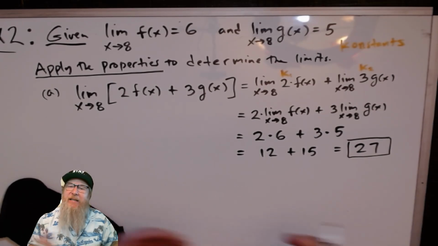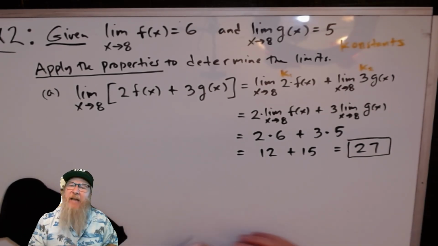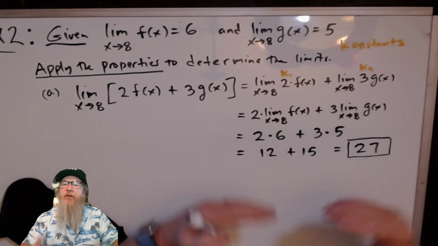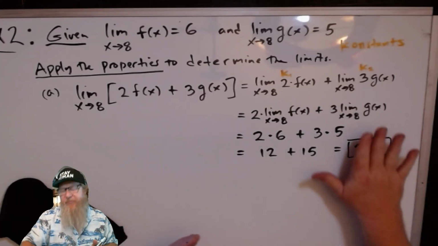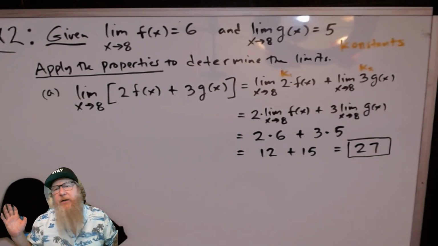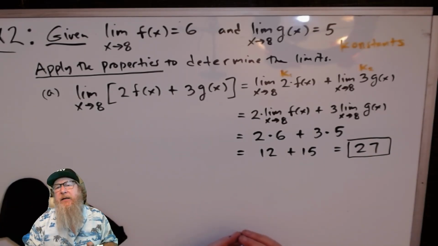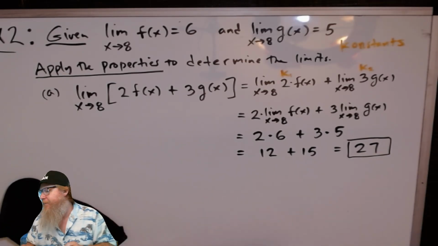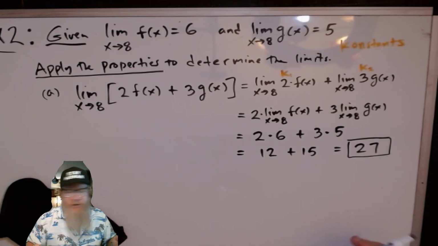You had to annotate each property. Otherwise, you were not given credit for that line, and you would definitely not be given credit for the final answer. There was no internet back in 1989. Paper, pencil, pen, what have you. I'm making myself seem old now, so let me move on.